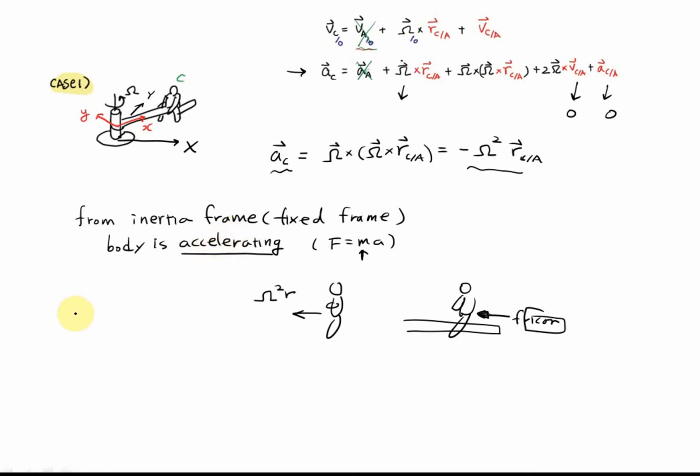Imagine that you observe the person with respect to a rotating frame. Okay? From the rotating axis, so I would say this is a non-inertial frame. So as long as you sit on the rod and just observe the person sitting there, the body is still not moving, right?